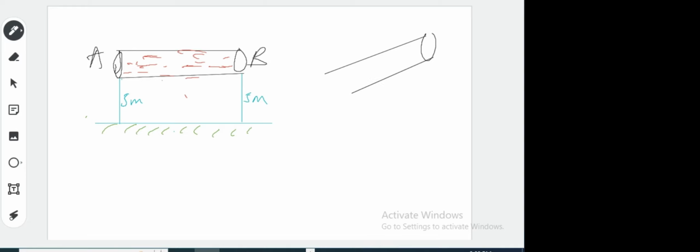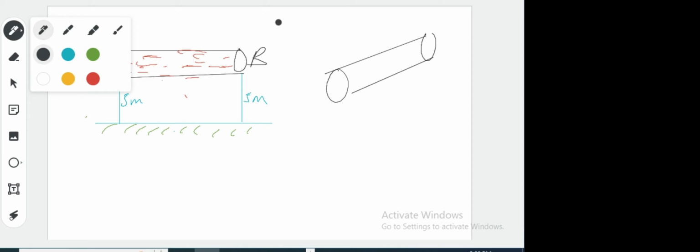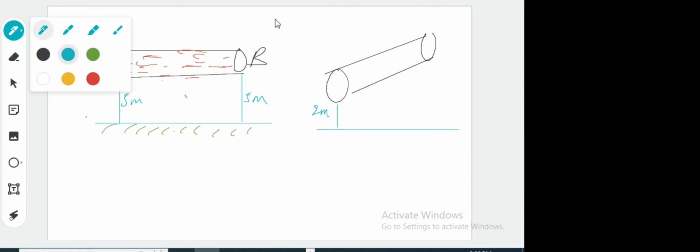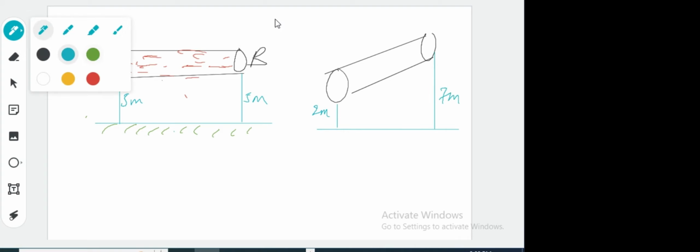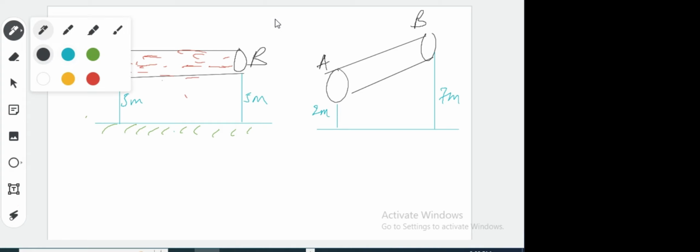Tilting this pipe now. If I tilt this pipe such that this side now is maybe at a distance of 2 meters from the ground, while the other side is at a distance of, let's even say, 7 meters from the ground, so you still have A and B. They are at different heights from the ground.